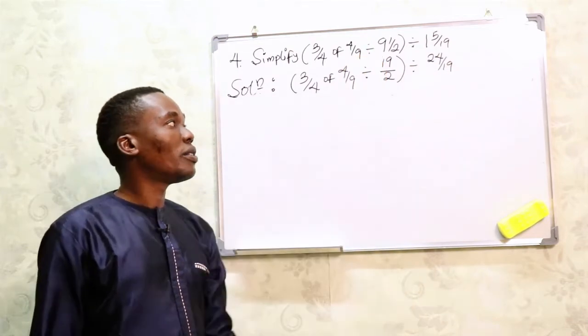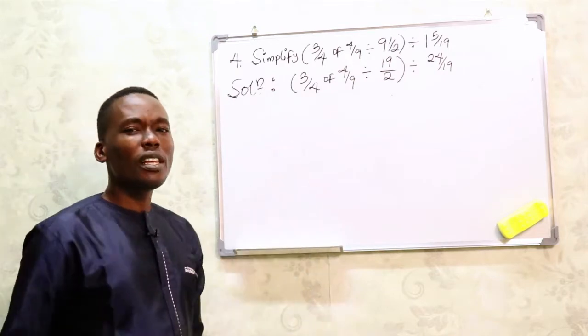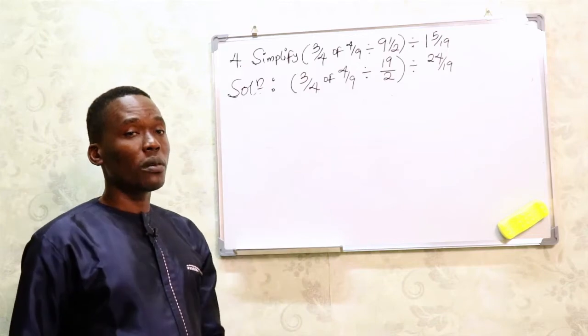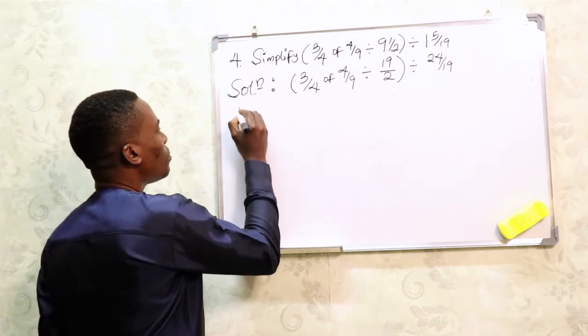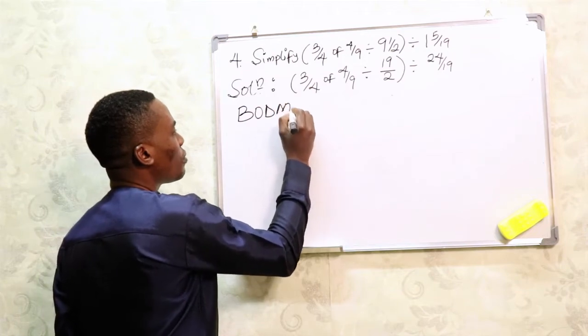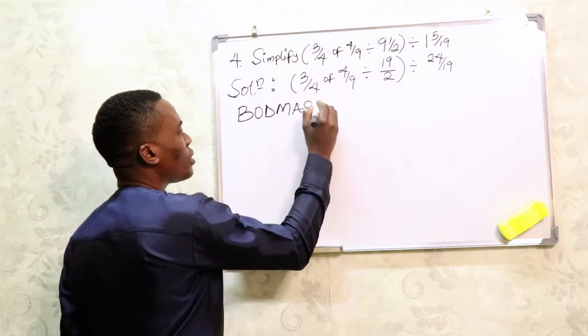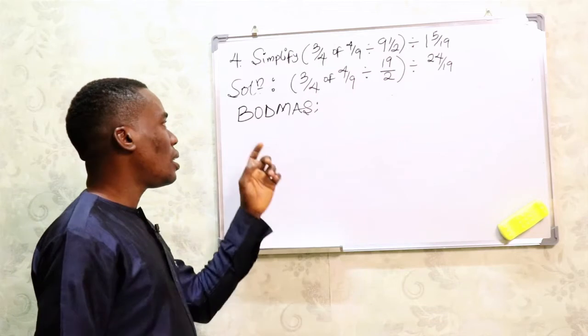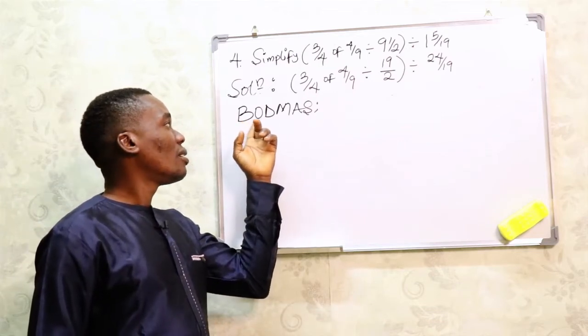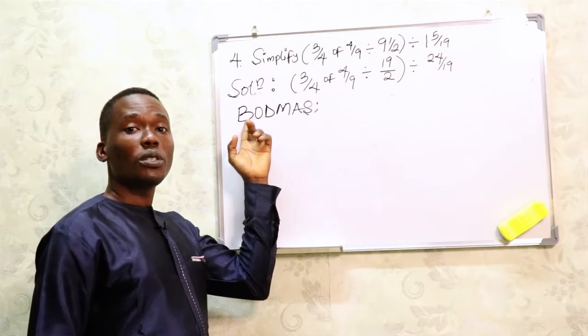Now let's go about this. Solving this, we need to follow a rule. Remember our keynote, the BODMAS rule. In the last sample question, I've told you some few things about this BODMAS rule. Remember, bracket will come first, and everything in the bracket, including the off, must be done first.